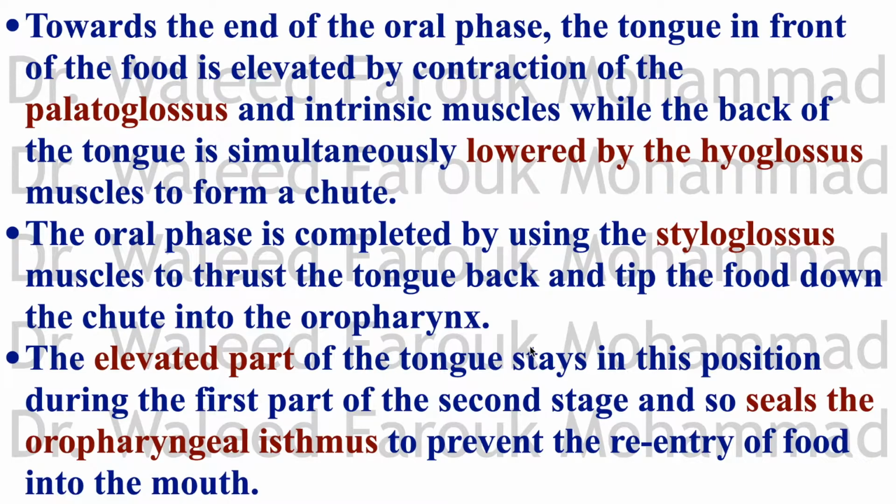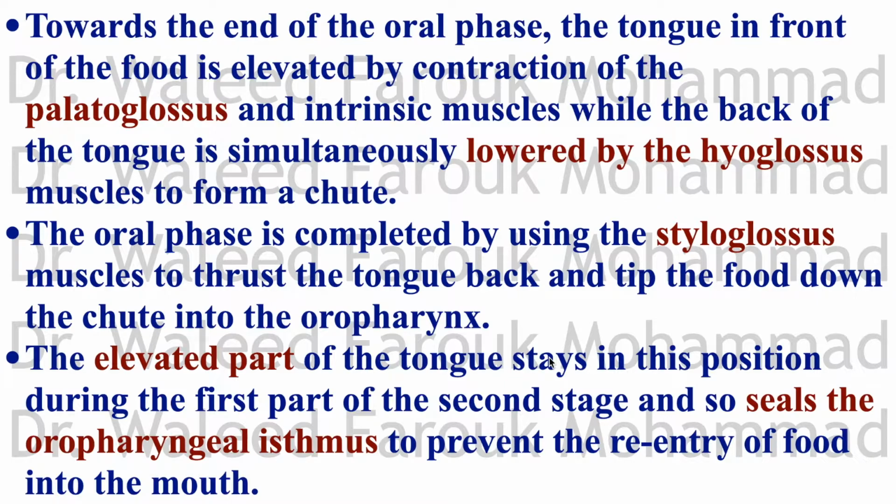The oral phase is completed by using the styloglossus muscles to thrust the tongue back and tip the food down the oropharynx, and the elevated part of the tongue stays in this position during the first part of the second stage, which is the pharyngeal stage.